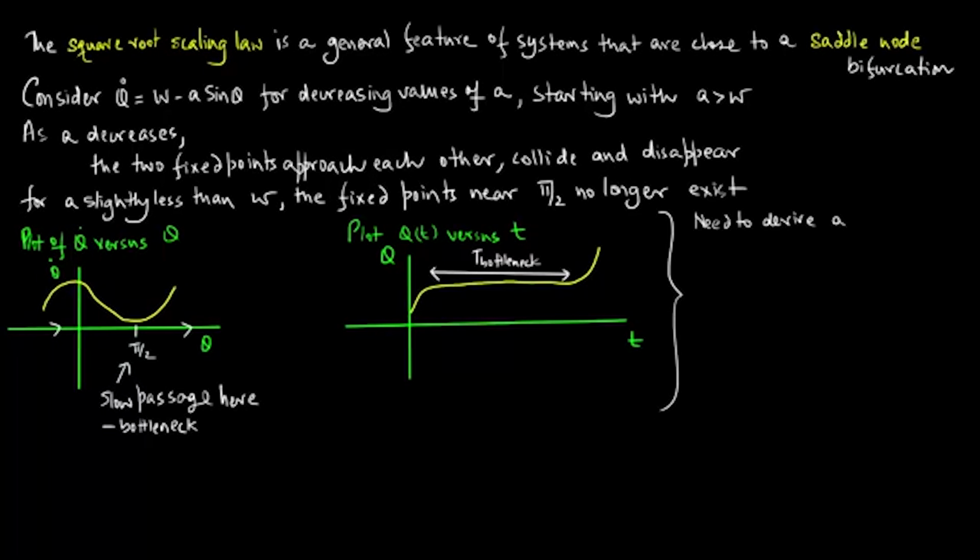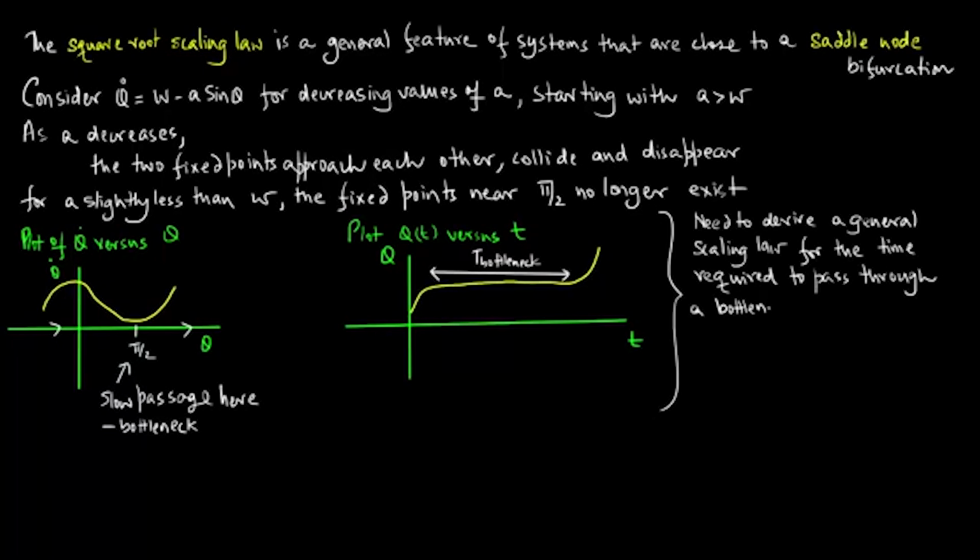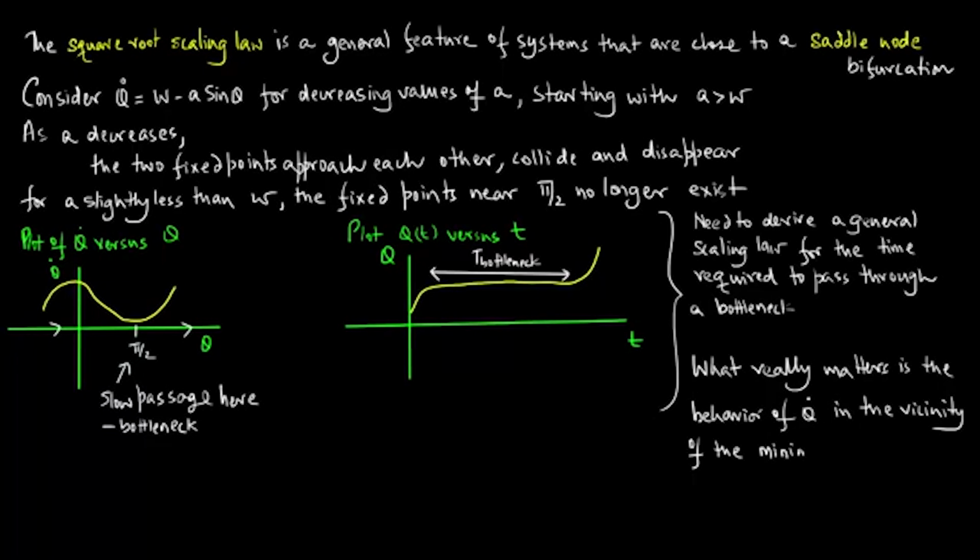Now we need to derive a general scaling law for the time that is required to pass through a bottleneck. What really matters is the behavior of theta dot in the vicinity of the minimum, as the time that is spent there really dominates all other time scales.